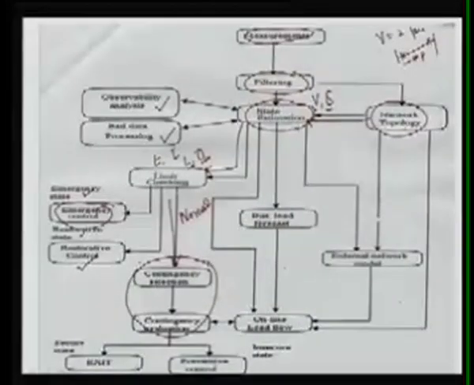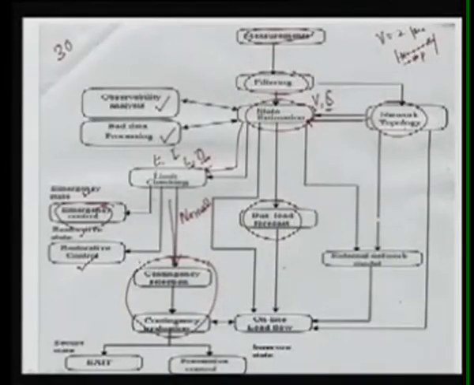Now you can also see this. In contingency analysis, we require several other pieces of information. From the state estimation, we get this load forecast. Normally this whole process, from measurement till all this calculation, is performed in a half an hour interval.